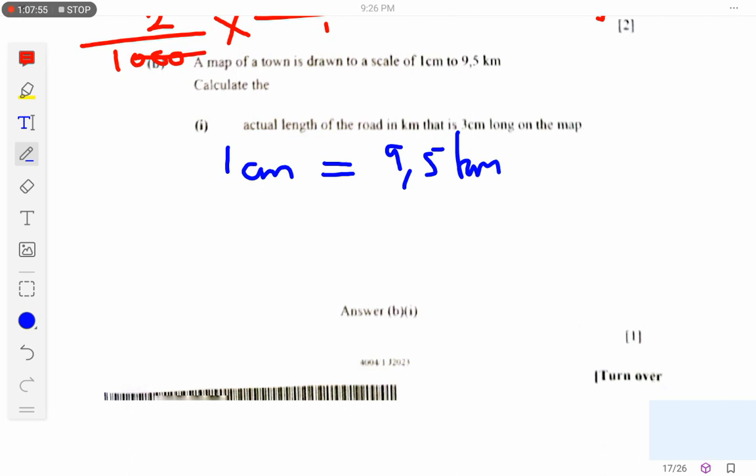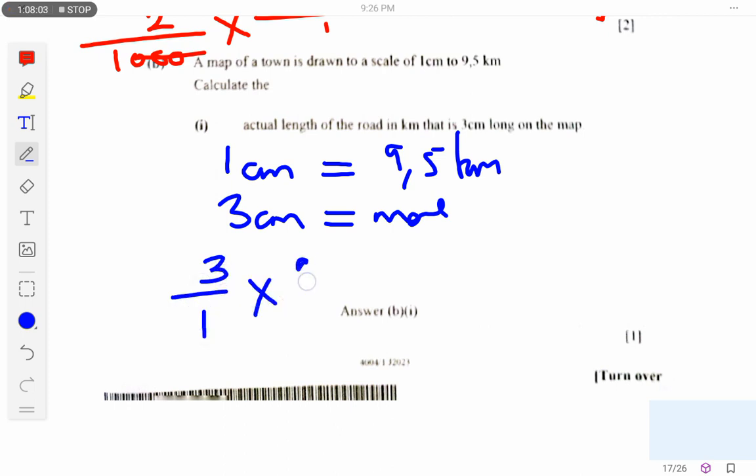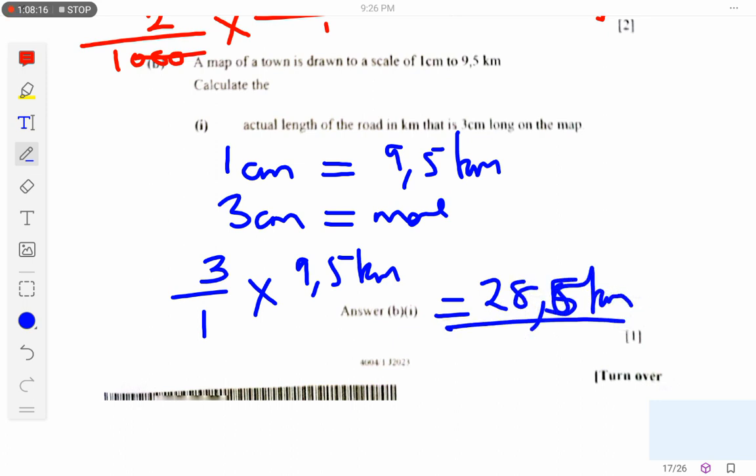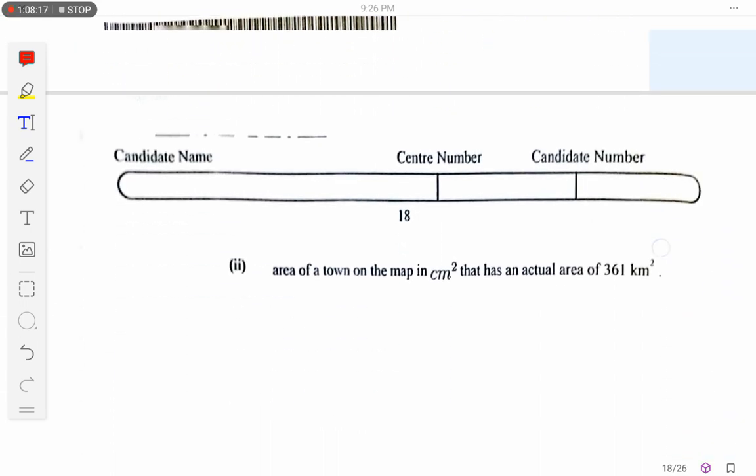What about when it's 3? 3 centimeters is going to be more. When it's more, you take the more at the top, 3 over 1 times 9.5 kilometers. So it's 3 times 9.5. We get our answer as 28.5 kilometers. Okay, 28.5 there. Let's move on.